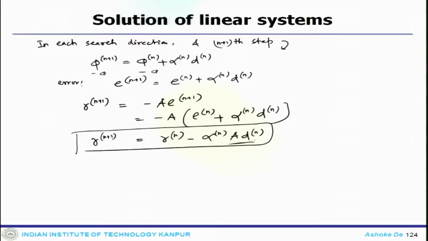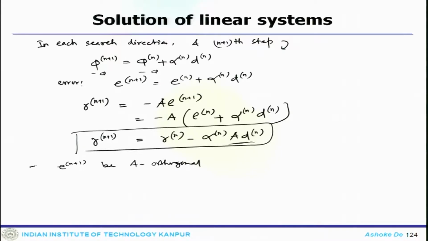Now one has to establish another condition: that this error function E n plus 1 also has to be A orthogonal.